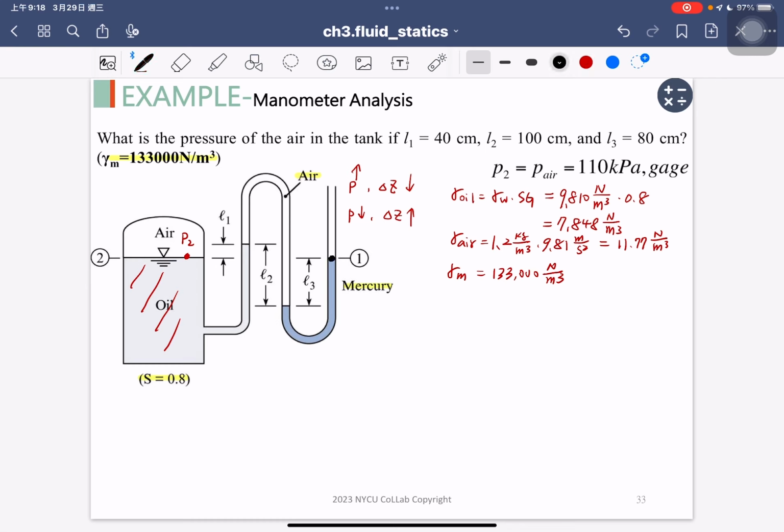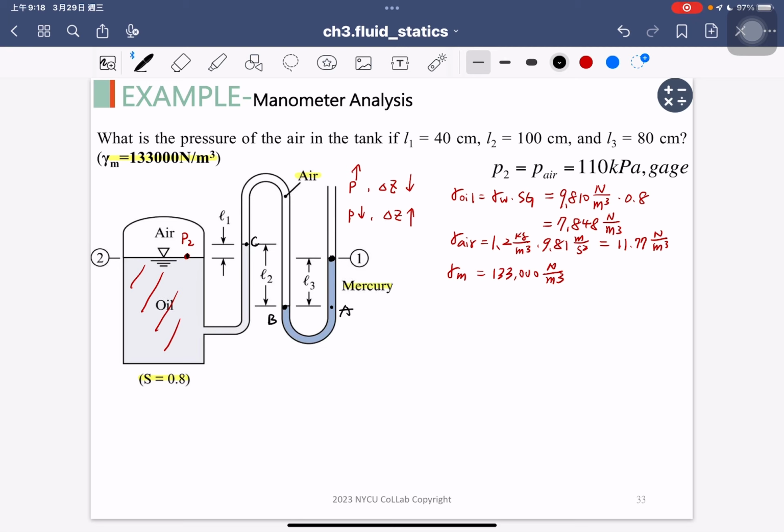But I don't go step by step, because right now I know my starting point here is 1, and I can move down to point A, then this point I use B, and this point C, and then finally I go back to point 2 here. So I know going down the pressure increases, and going up the pressure decreases.